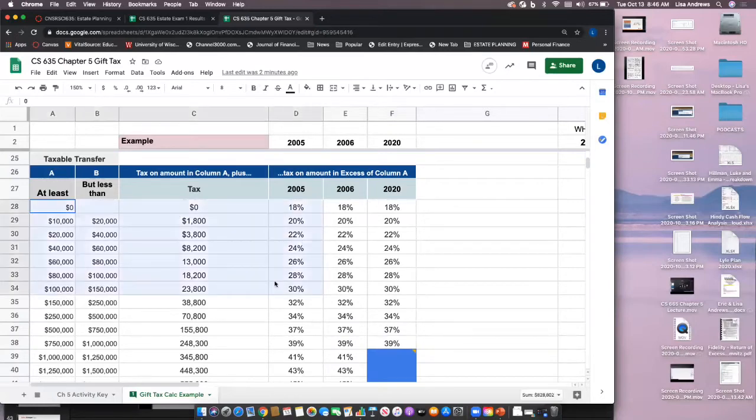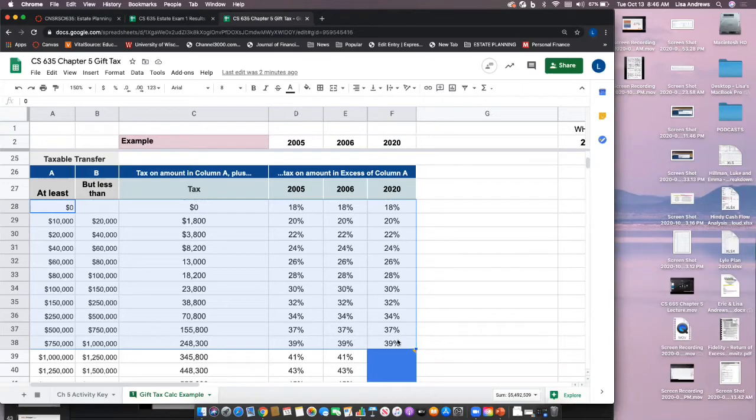There's at least been some agreement on what the tax rates should be on the first $1 million worth of a taxable estate. Because if you look back from 05, 06, and 2020, we could look at a much bigger historical view of what tax rates have been.